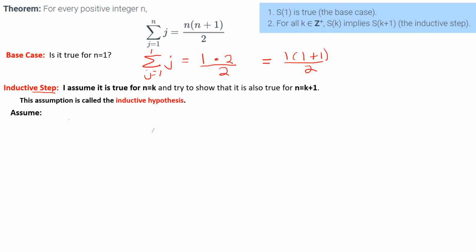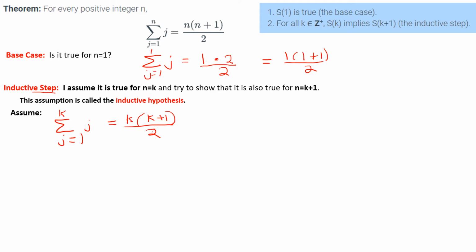Well, we are assuming that this theorem up here is true for n equal to k. So I'm going to say the summation of j, j equals 1 up to k, equals k times k plus 1 over 2. I'm just putting k in place of n. Okay, that's what we are assuming. This is our inductive hypothesis.